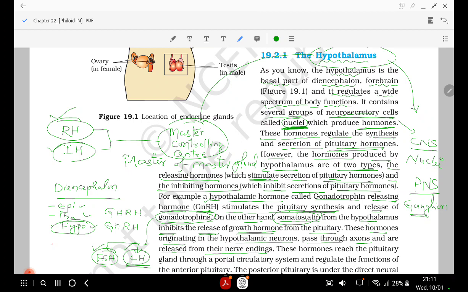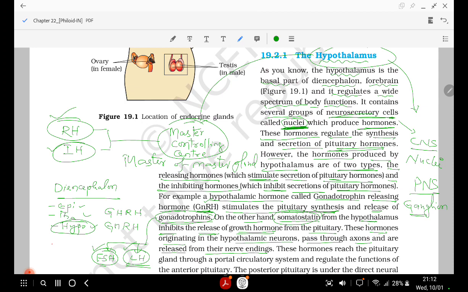These hormones from the hypothalamus reach the pituitary gland through a network of blood vessels, blood capillary network, that is hypophyseal portal circulation.